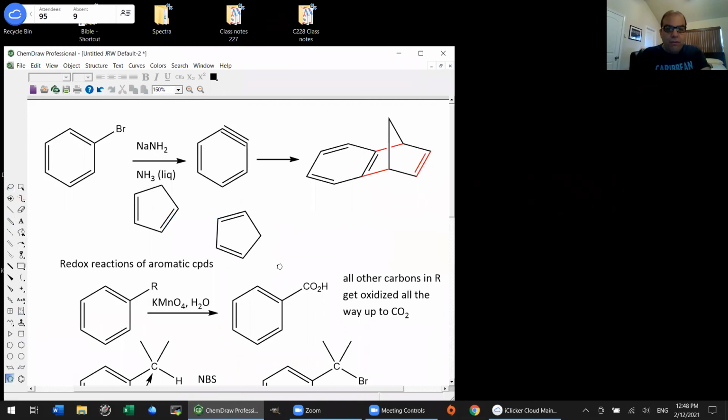So what would that Diels-Alder look like? The cyclopentadiene is going to be your diene, right? And then the benzyne is going to be your dienophile.